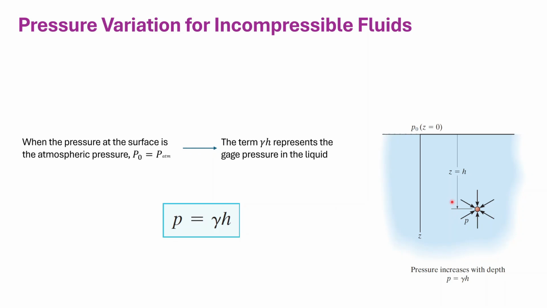So the gauge pressure inside the liquid at any point equals gamma H, in which gamma is the specific weight and H is basically the distance from the surface of the water to the depth that we are studying.